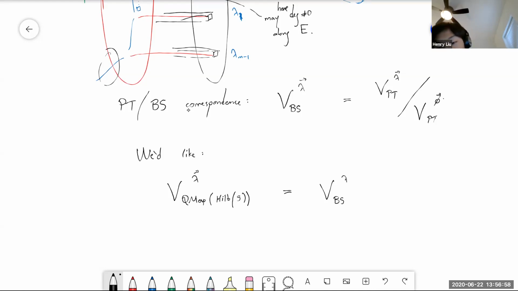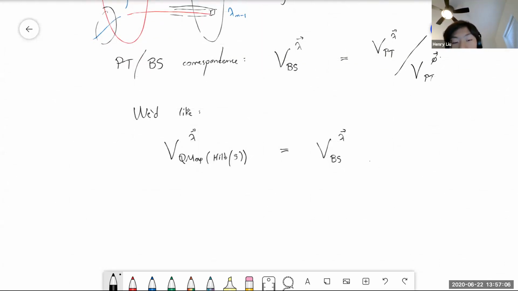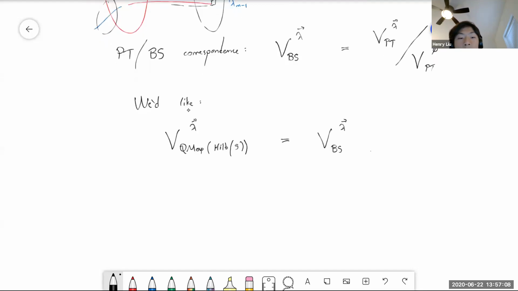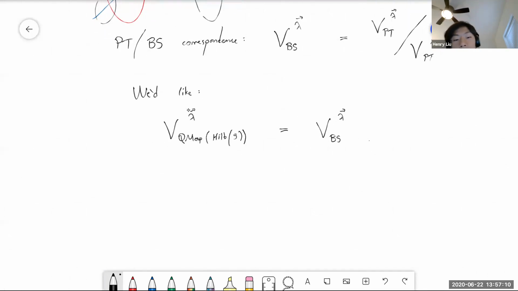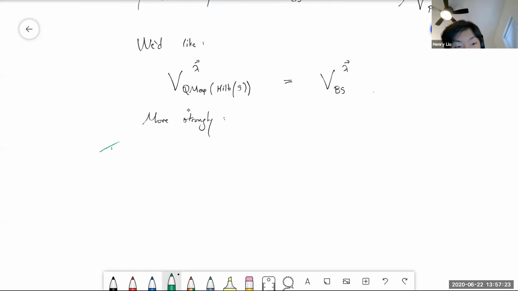Okay. And in fact, we can show something stronger. So not only are these two vertices the same, actually these two theories are just completely equivalent. So more strongly, we have the following theorem. This is the main theorem: that actually these moduli spaces are just equivalent.